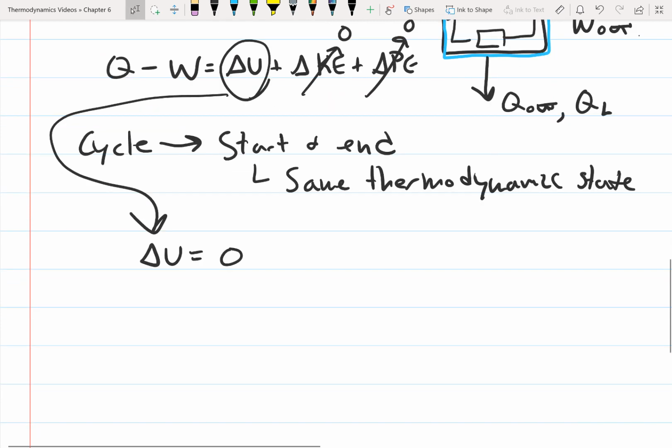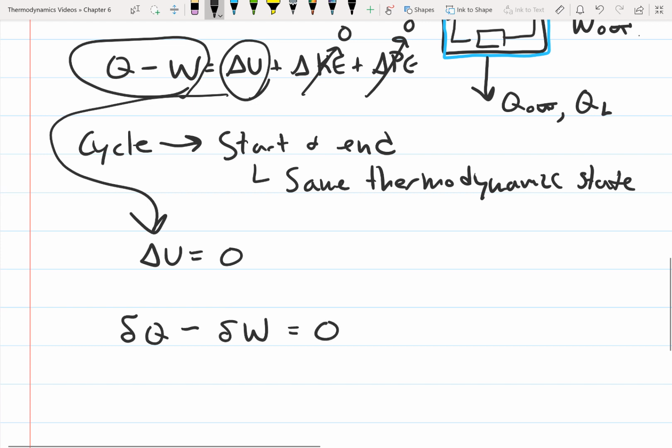We can't say that for the work and the heat because we know that work and heat are path functions, so we can rewrite this as delta Q minus delta W, and they're not going to be 0 because they depend on the path taken, not the state.